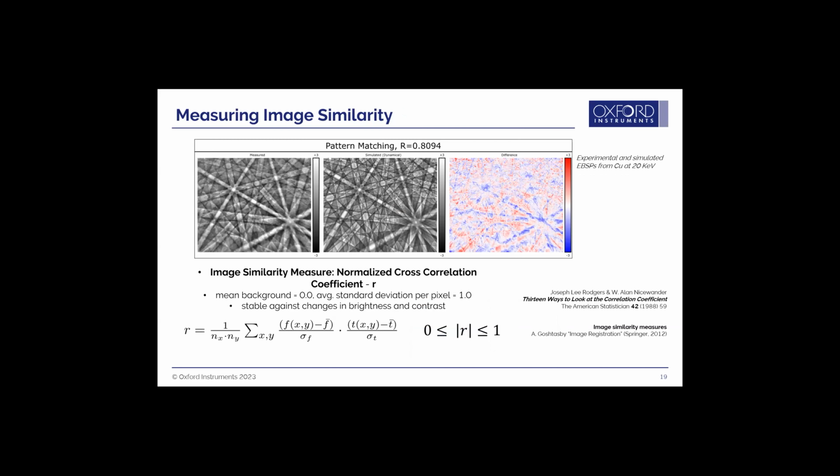But I do want to talk about measuring the image similarity, because this is obviously critical to anybody doing MapSweeper. So what we're doing is putting the patterns and the simulations on a similar grayscale value. We're trying to come up with the average grayscale. We're calling that 0, and we're effectively measuring how many standard deviations away from that average any one pixel is.